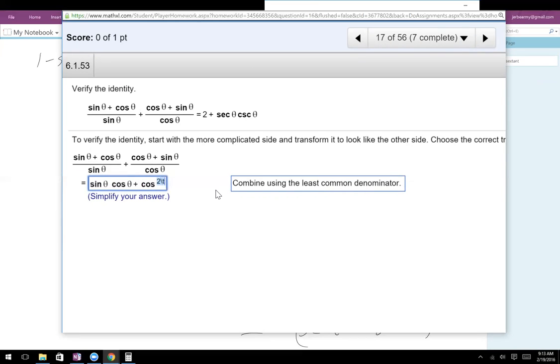I'm about to be really upset with myself, but it's okay. I'll fix it here in a second. So that's if I multiply the first one by cosine. Then same thing, multiply the second one by sine. So cosine theta sine theta plus sine squared theta.